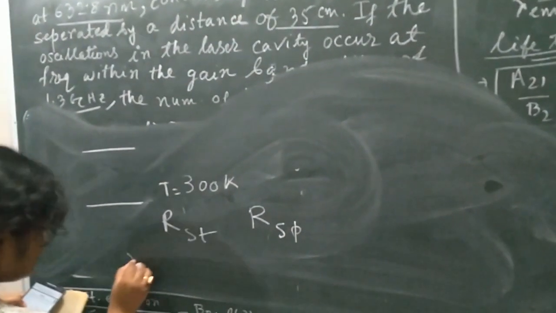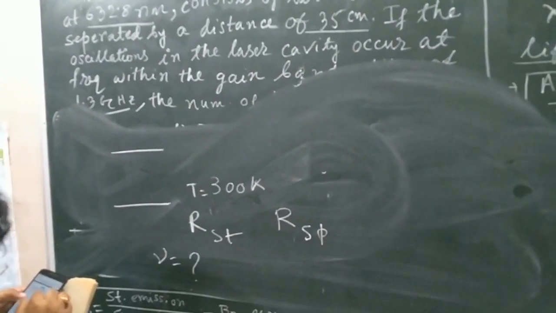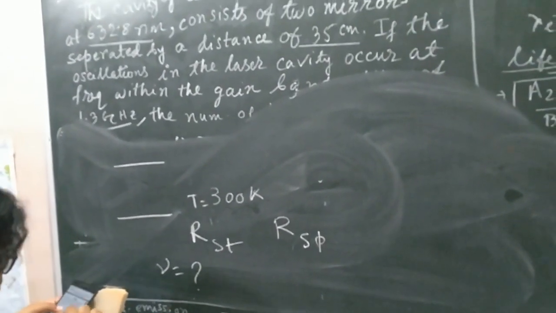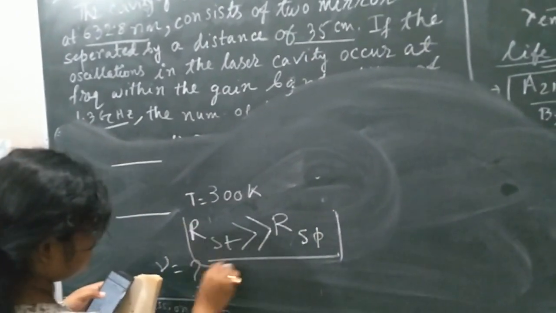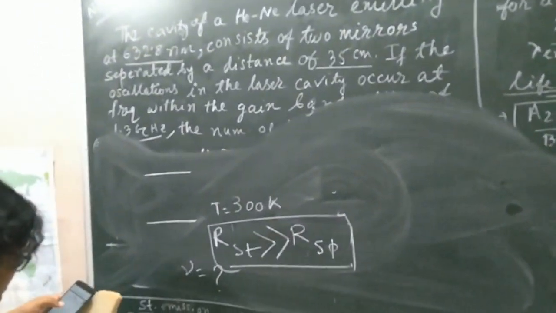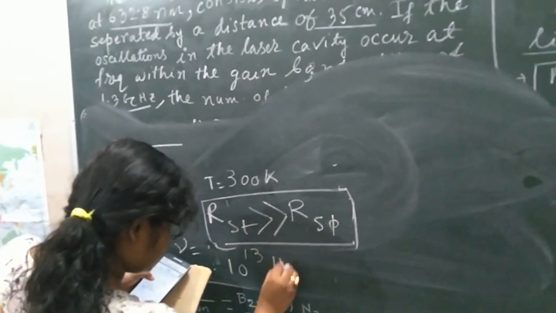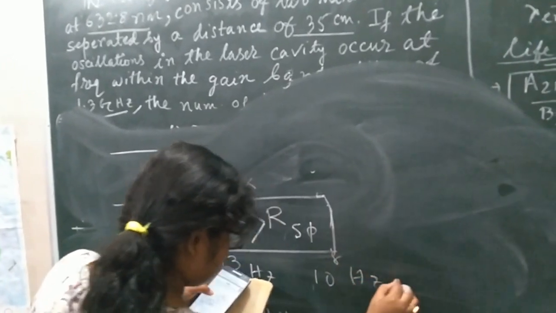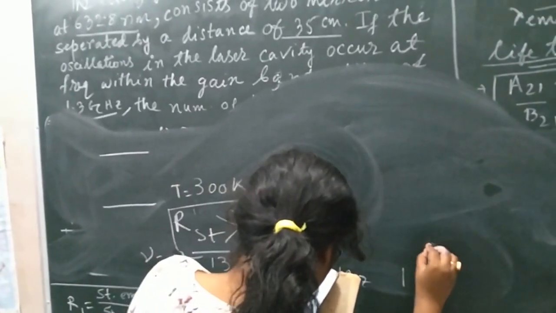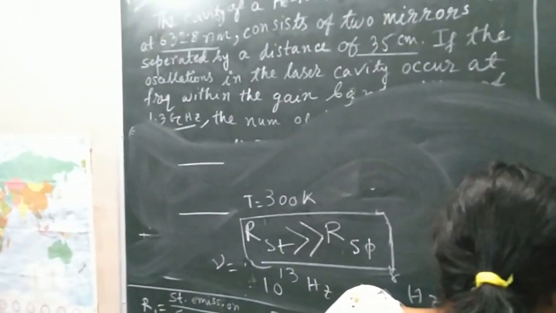So they ask at what frequency the thermal emission, that is stimulated emission, dominates over spontaneous emission, that is, the stimulated emission rate is greater than the spontaneous emission rate. This is the question, and nu has been given in four options: 10 to the power 13 Hz, 10 to the power 8 Hz, 10 to the power 5 Hz and 10 to the power 11 Hz.